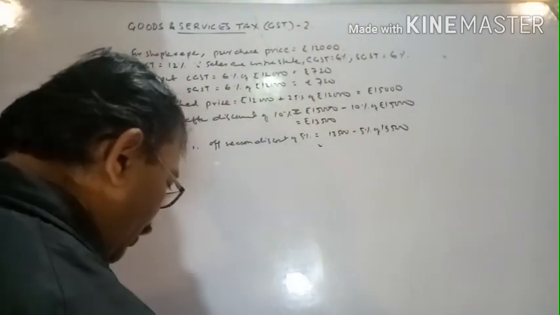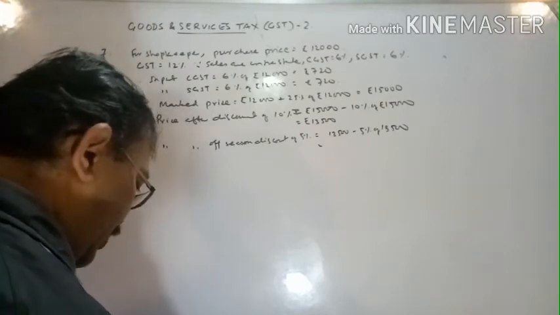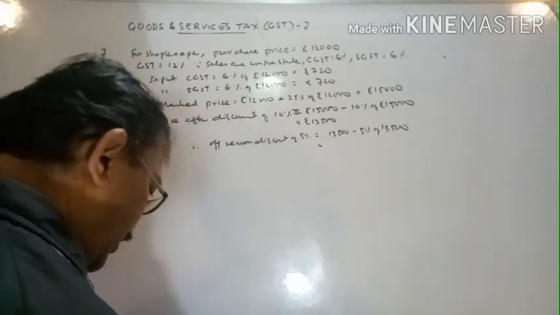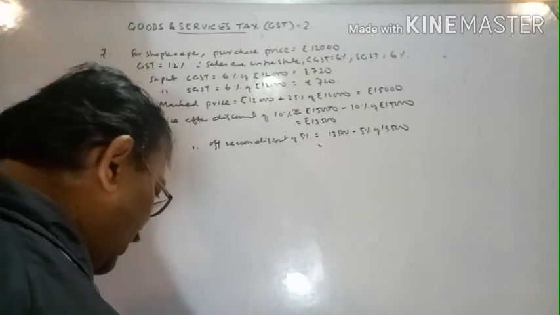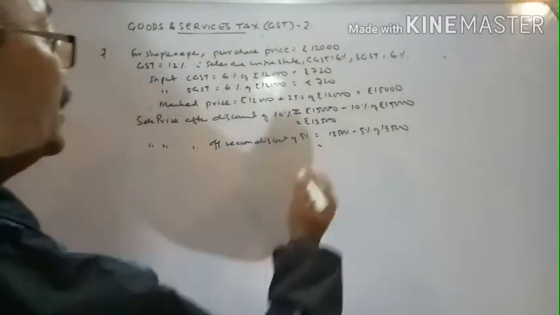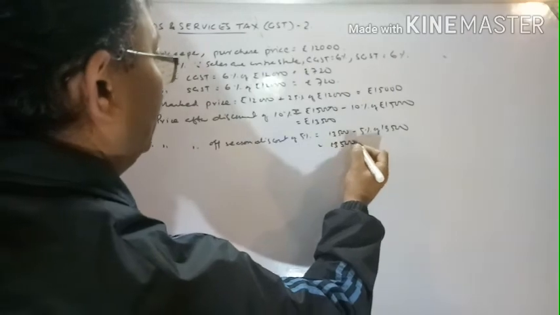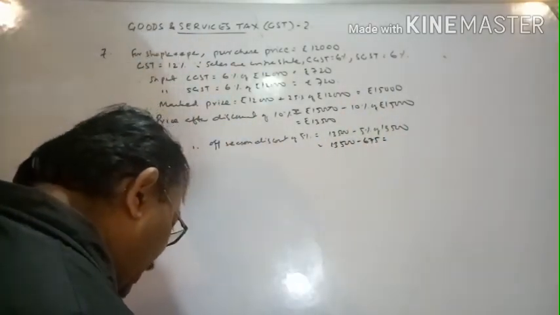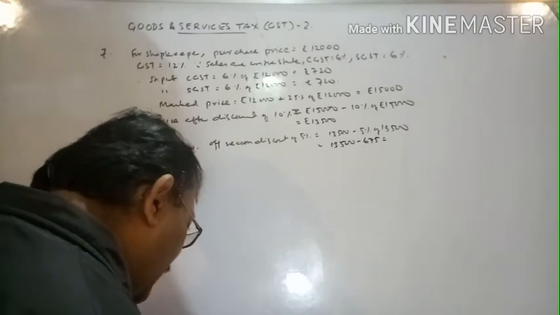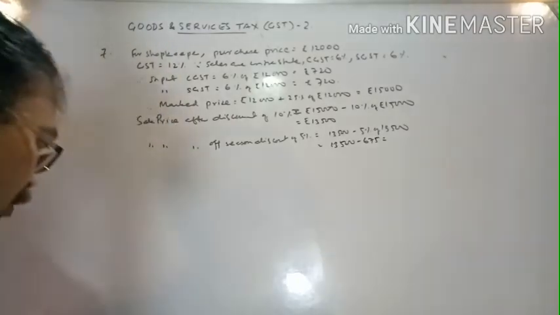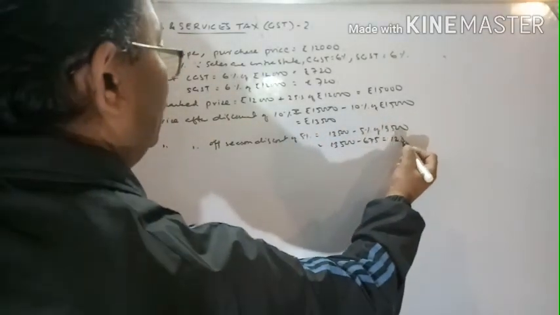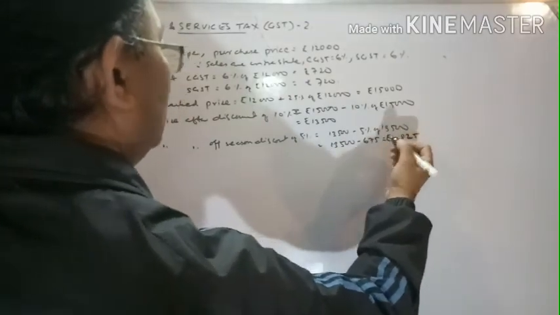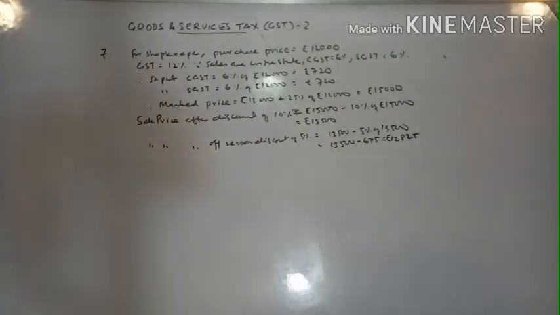So you get 0.05 into 13,500. So the discount is 675. So 13,500 minus 675 will give you 12,825 rupees. So this is the final selling price.